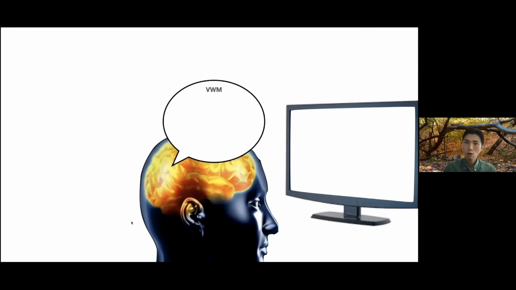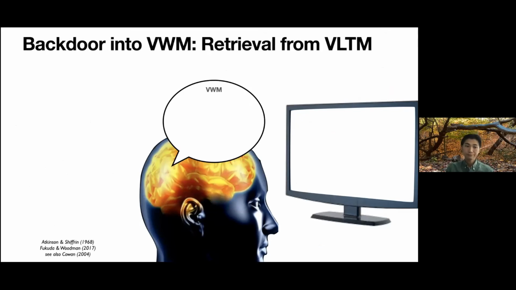So far, what we have been talking about is a working memory representation that entered your mental workspace through, if you will, the front door, visual perception. But if you look into psychological theories about working memory, many argue that working memory also has a backdoor.